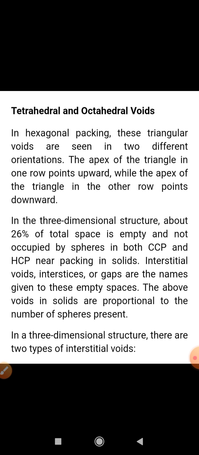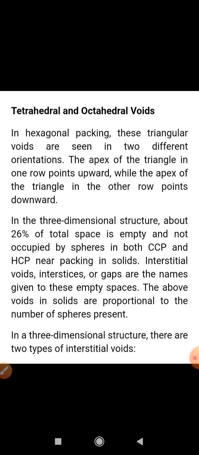This void is sometimes also referred to as interstitial voids, interstices or gaps. These are other names of voids. These voids in solids are directly proportional to the number of spheres present in the structure.